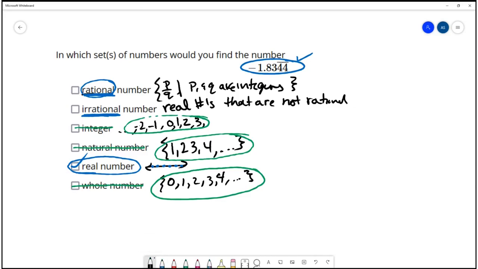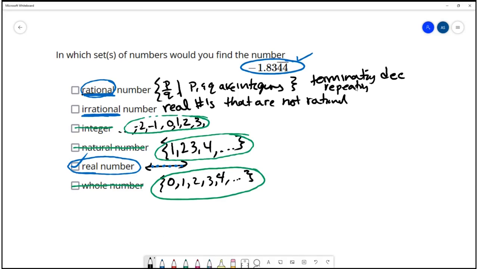For decimal formats, any terminating decimal is rational, as well as any repeating decimal. So if you have a pattern like this one, this bar, 4, 4 repeats over and over again.